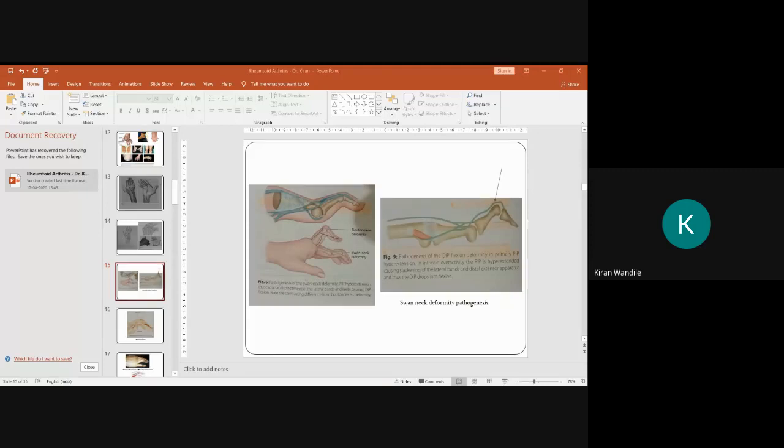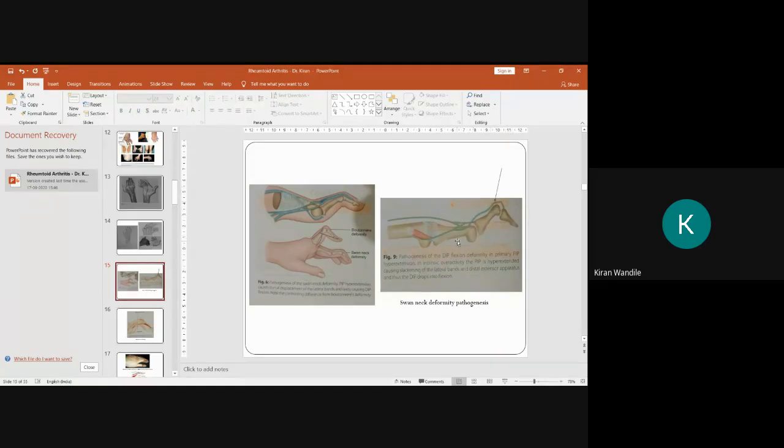And then there is an extensor pull which is inserted on the base of the middle phalanx, which again pulls the PIP into hyperextension, and this PIP hyperextension then causes secondary DIP flexion, because the lateral bands are shifted on the dorsal aspect, lax and unable to pull or extend the DIP.